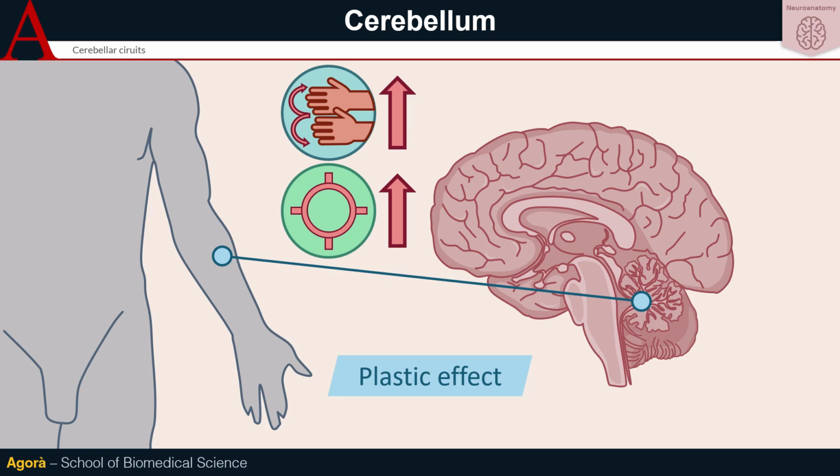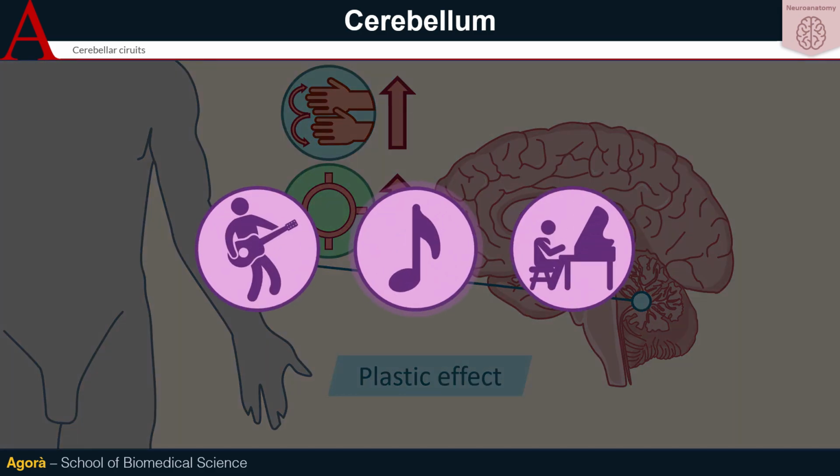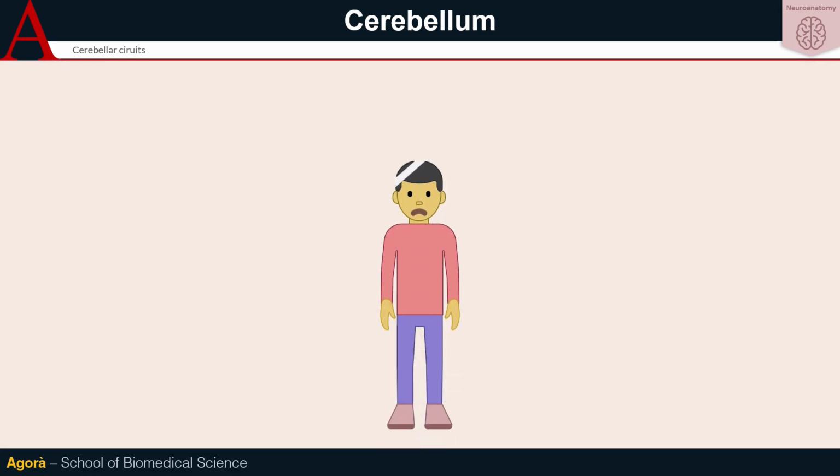We are talking about movements that require a high degree of coordination in such short times to leave no room for awareness. Take, for instance, the movements executed while playing an instrument, which gets smoother and smoother through practice. It is the plastic effect on the cerebellar circuits that makes it possible.